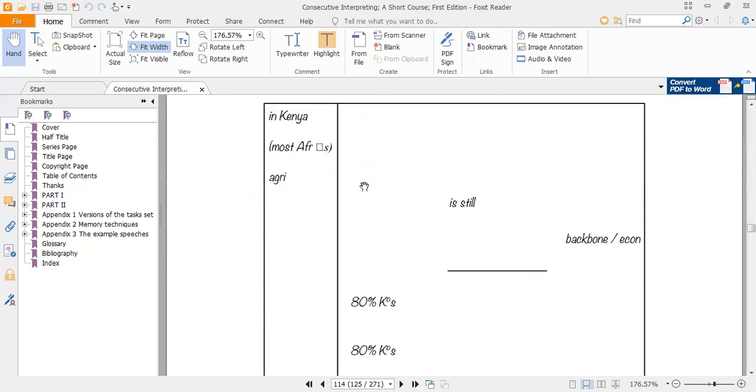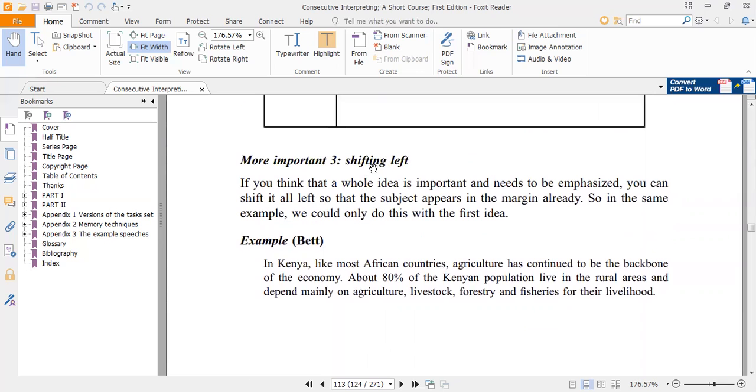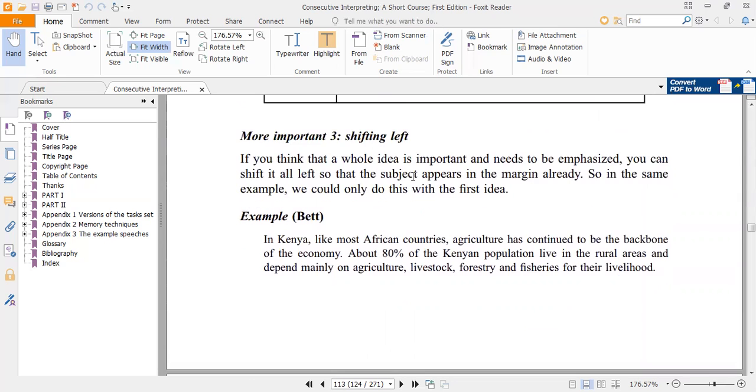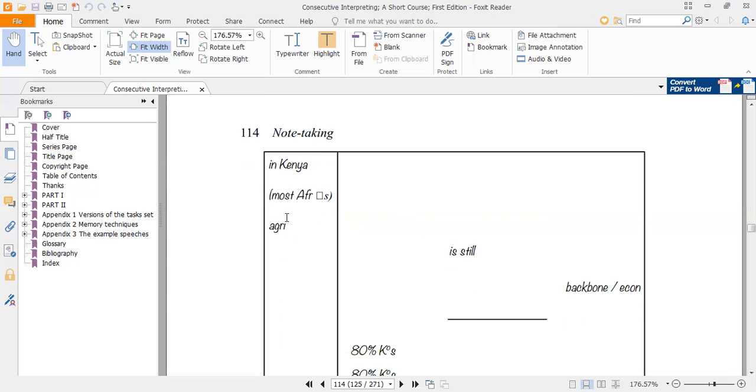Now the fourth technique is shifting left. We can make a margin, and the most important issue, or the most important idea, can be written in the margin. So this is a very important idea because it is written not in the subject, but in the margin.